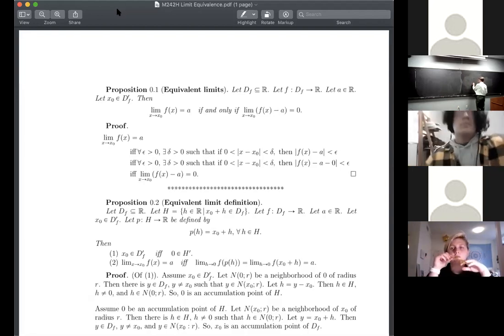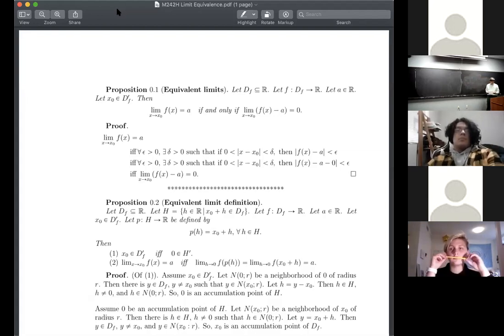What you will see on your screen or in the paper is that I have some assumptions at the beginning. One is a letter D sub F. That's just a set of real numbers. I have a function which is real valued defined on that set.